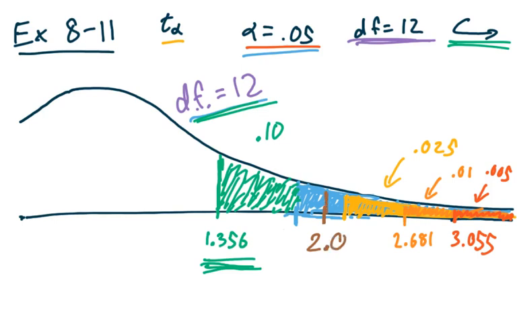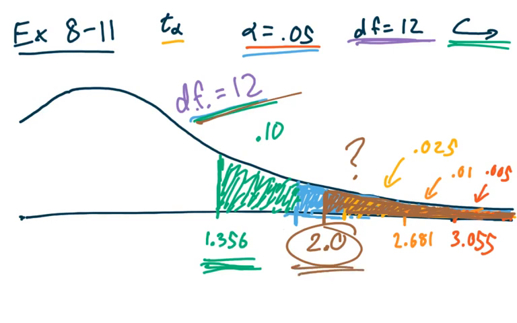What is this area, if I shade in underneath the curve and essentially shade in the right tail of the curve, everything beyond t equals 2.0? How will we address this question? Well, notice that if we go to row 12 of the t table and look at this, we don't see this value in that row. We don't see that exact value itself.